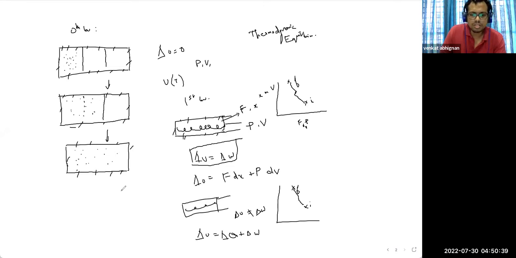And the second law essentially tells you that this is some function of temperature, and there must be an analog with this force times displacement. And so we have entropy sitting here. Essentially, for black body radiation, we will not be using any mechanical work.